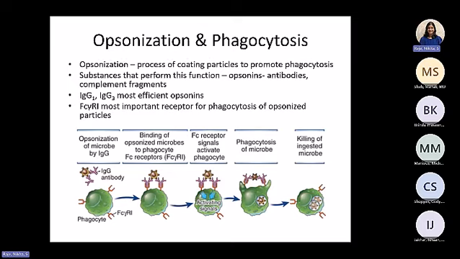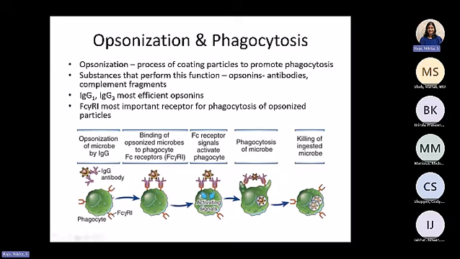And the substances that perform this function are called opsonins. Apart from antibodies, there are other opsonins like complement fragments. We know that IgG1, IgG3 are the most efficient opsonins, and Fc gamma R1 is the receptor for phagocytosis of opsonized particles.